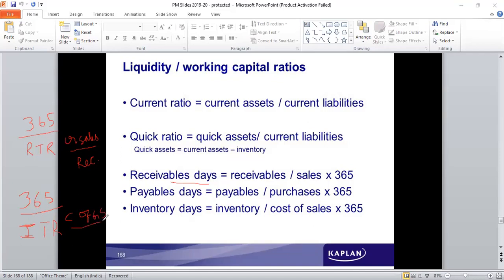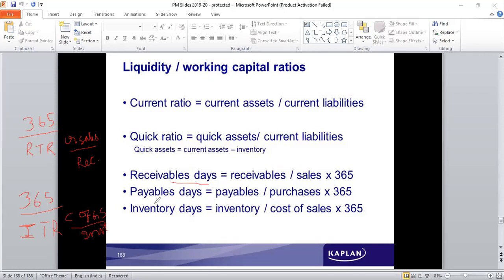So it goes to the numerator: 365 into inventory by cost of goods sold. So that's the formula. How many days is the investment held in inventory? How long does it require for inventory to be converted into cash?